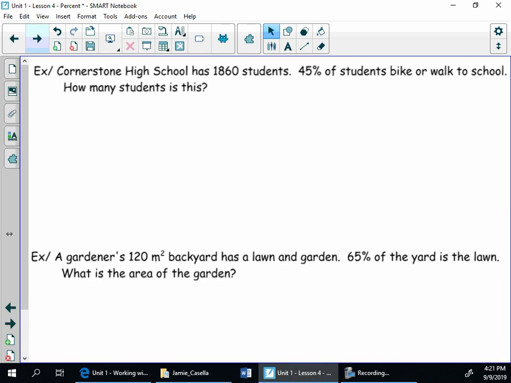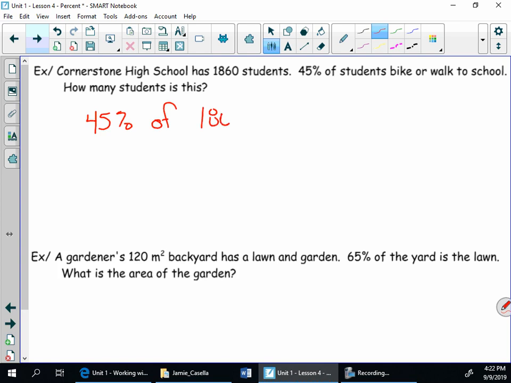Cornerstone High School has 1,860 students. 45% of students bike or walk to school. How many students is this? Well, if we stop and think, it's asking us to find 45% of 1,860 students. We know percentage is out of 100.